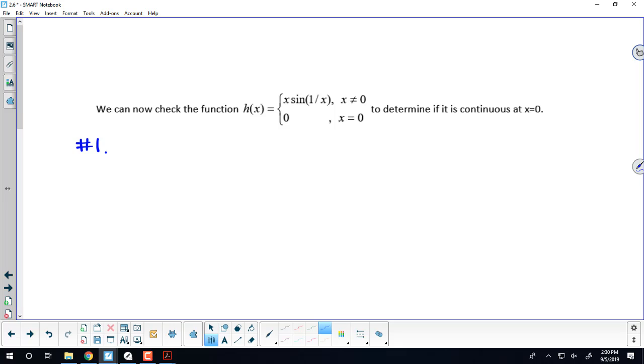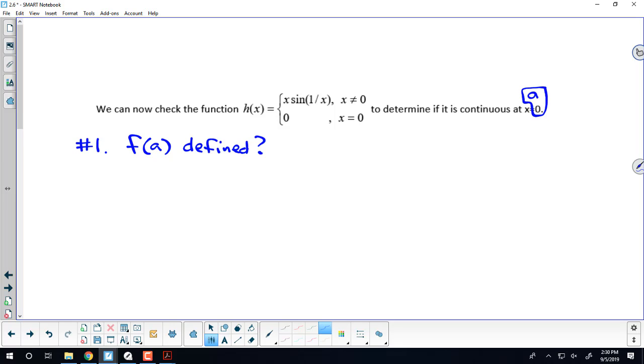Number 1, oops, not the limit yet. Number 1 simply asks, is f of a defined? And here's our a. When x is fixed as a particular value, then that's our a.